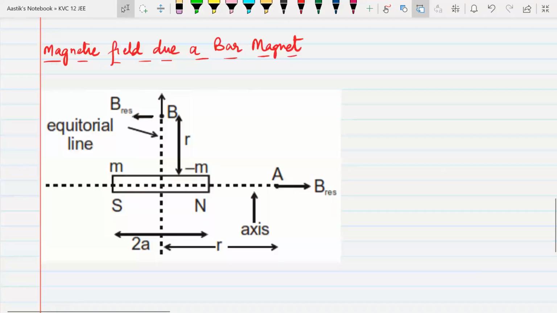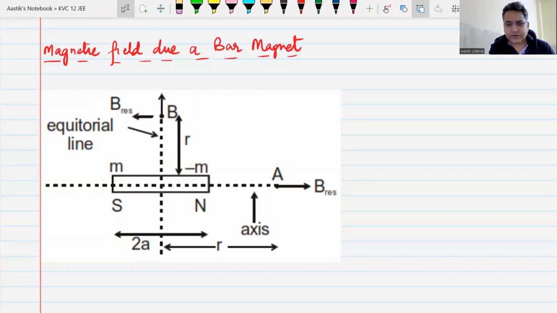This formula, this diagram, does it remind you of something that you have already done? Yes or no? Does it remind you of anything?